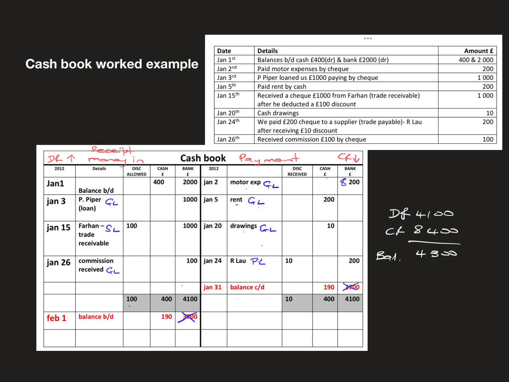So this is the smaller of the two. I would take the balance and put it on the smaller side. So the smaller side would have been the debit side. So on the debit side, I'd have to put the smaller amount. And the smaller amount on the debit side is 4,003.